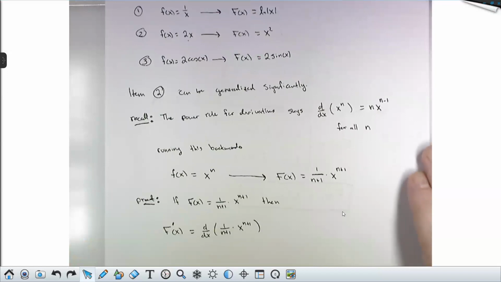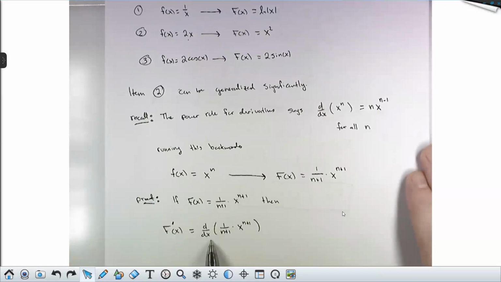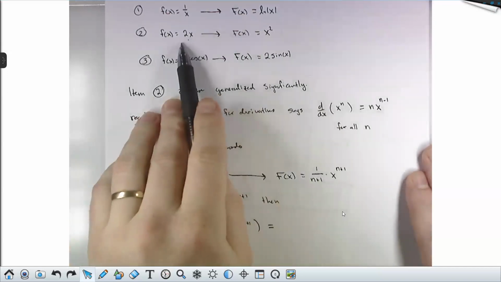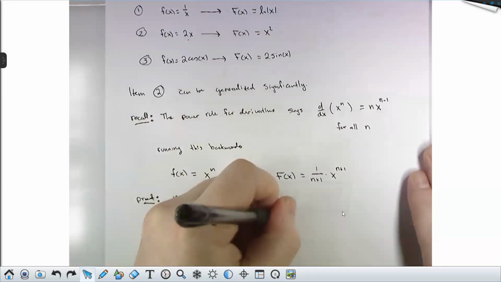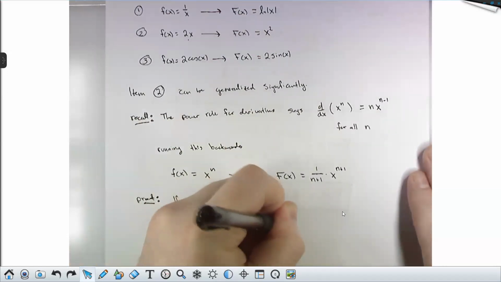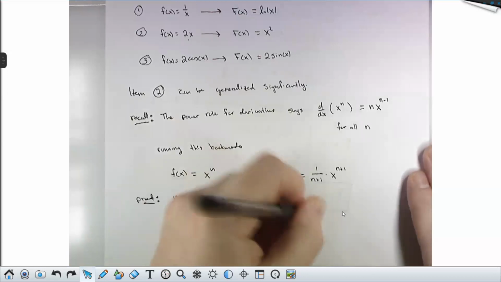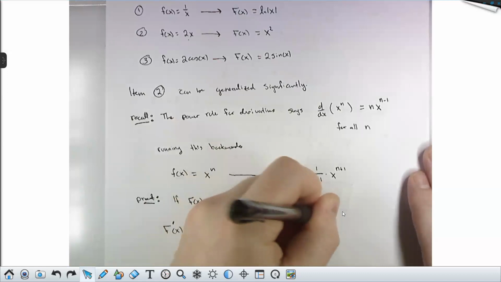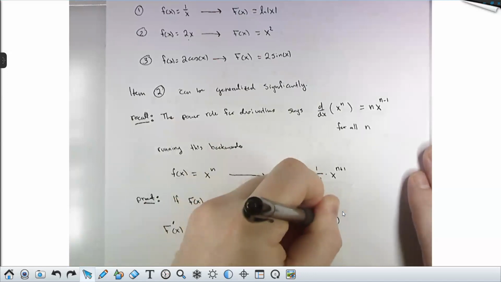The crucial thing to recognize here is that the derivative is being taken with respect to x. So 1 over n plus 1 is a constant, right? It's like 2. It's just a constant. So it's going to come out. And then we just have d dx of x to the n plus 1.